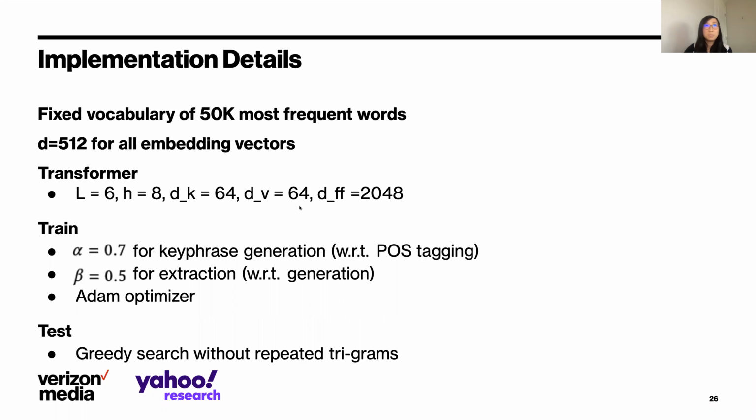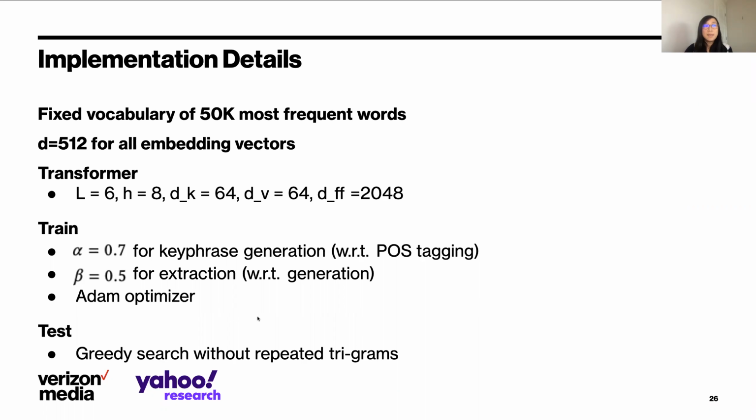And for the key value dimension, it's 64, and the feed-forward network fully connected layer has 2048 as dimension. And during the training time, we gave 70% of the weight to the key phrase generation task and 30% to the part of speech tagging task. And then between the extraction and generation task, we are giving them equal weight. And then we are using the Adam optimizer.